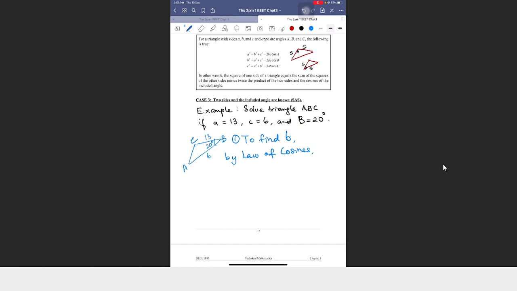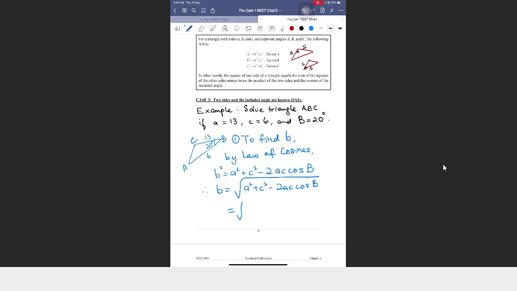So by using the law of cosine, the one that I'm using is B squared equals A squared plus C squared minus 2AC cosine B. Which means that if you want to find B, you are going to take a square root of A squared plus C squared minus 2AC cosine B.